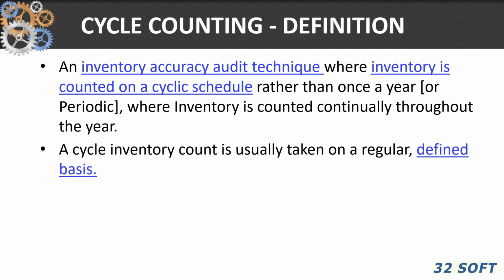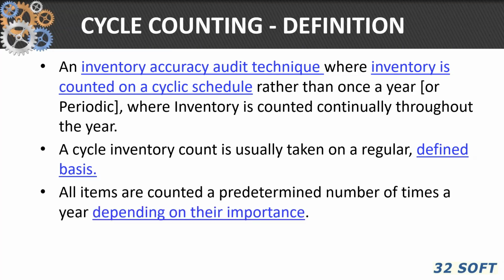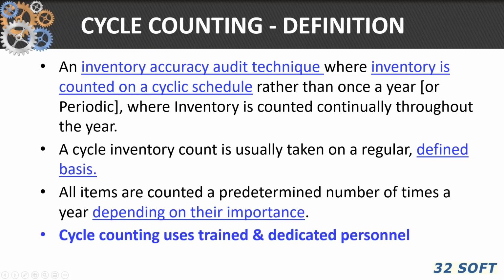It's defined and the count is regulated by certain criteria, and we'll talk about those criteria in just a second. There is also the fact that items are counted in a certain sequence depending on their importance, and we'll talk about how we do that. And the last issue is that cycle counting requires trained and dedicated personnel.